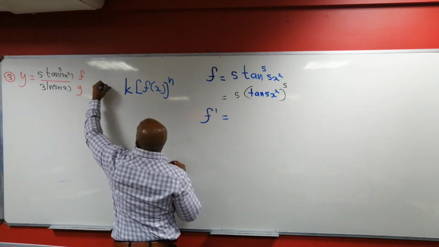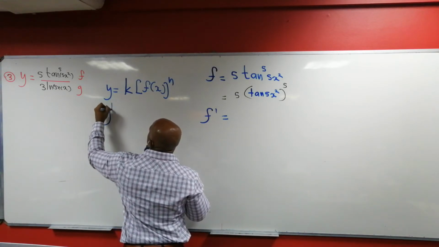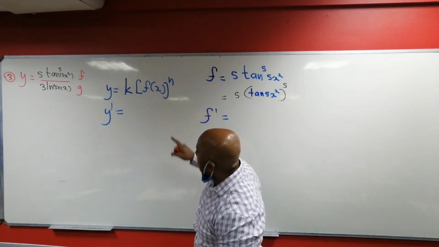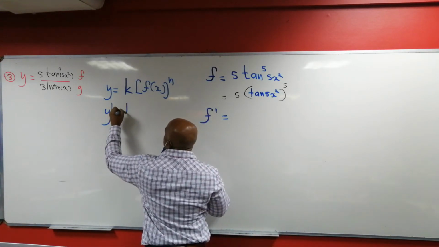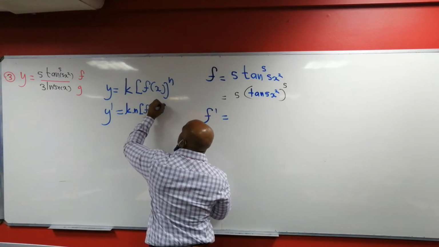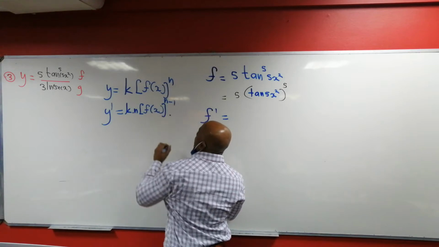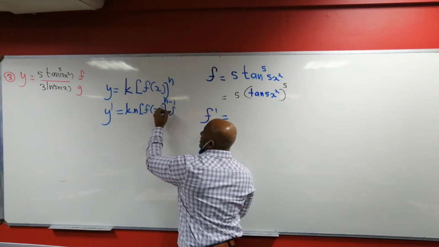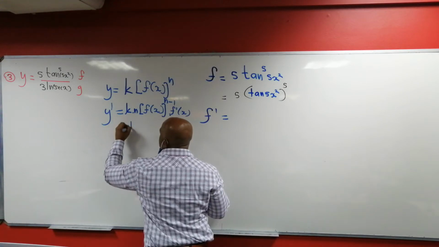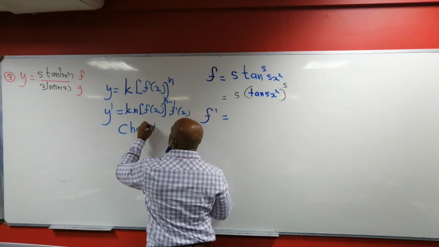So if y is equal to k f of x to the power n, then to differentiate this, we deal with the exponent first, which is going to be k times n f of x to the power n minus 1 times f prime x. So what rule is this called? This is called the chain rule.